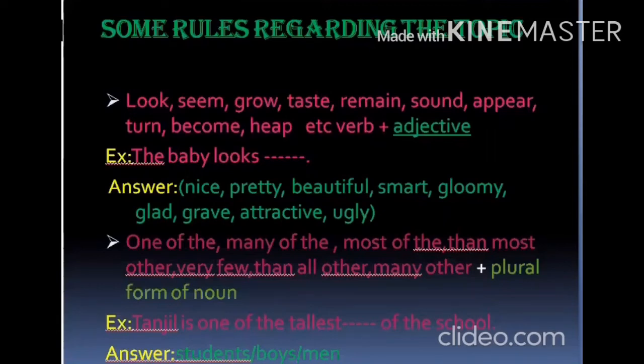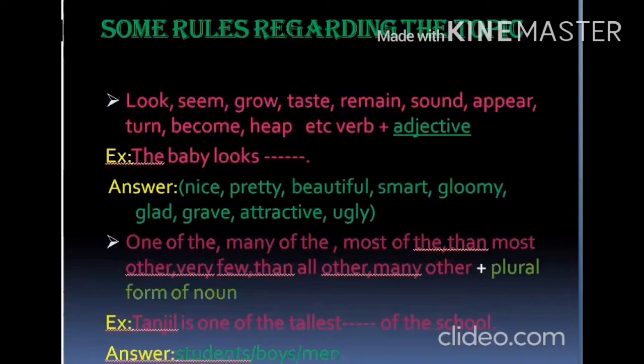After all these verbs, if you find any gap, then you must apply an adjective. The example is: the baby looks blank. The answer: the baby looks nice, pretty, beautiful, smart, gloomy, glad, grave, attractive, ugly, etc. So you must remember and memorize all these verbs.